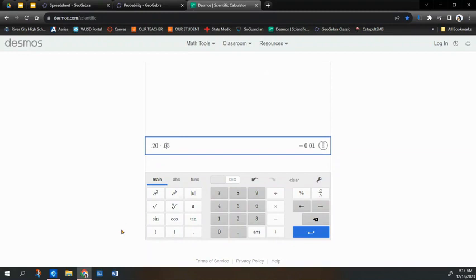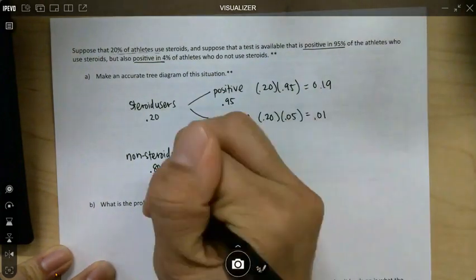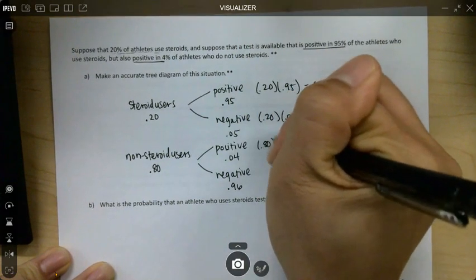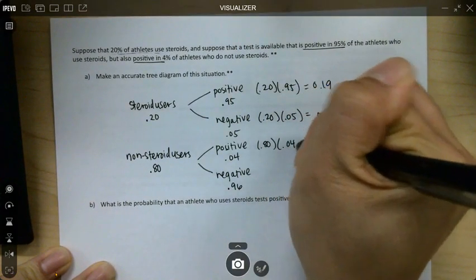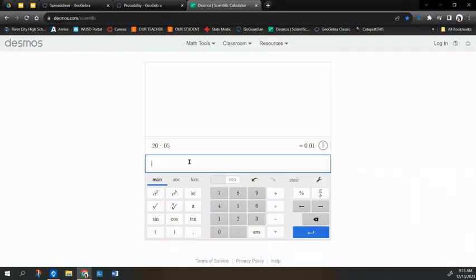That's 0.01. And then non-steroid users who test positive, that would be 0.80 times 0.04, which is 0.032.